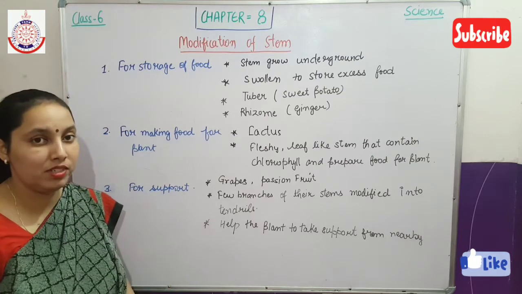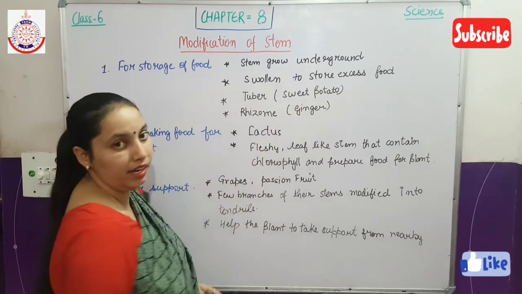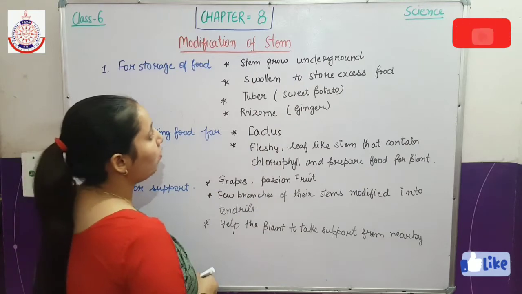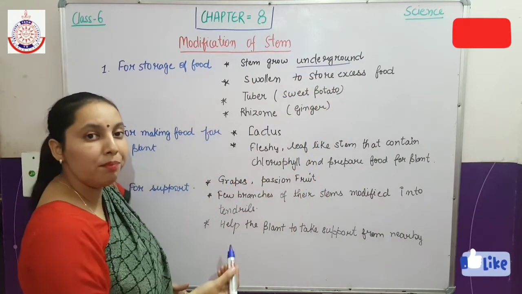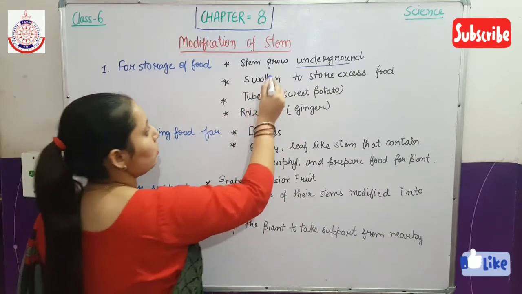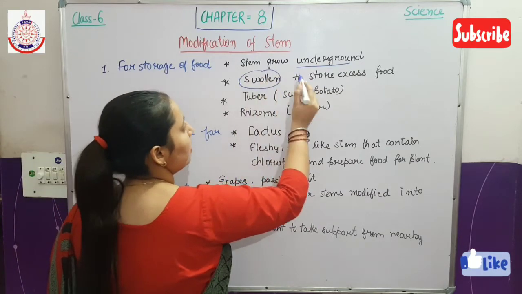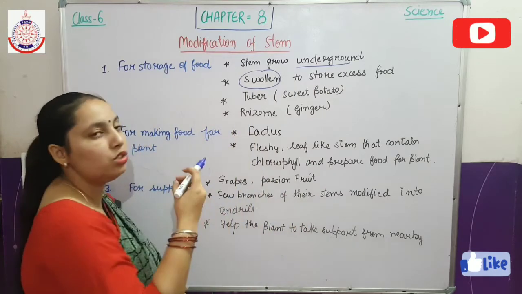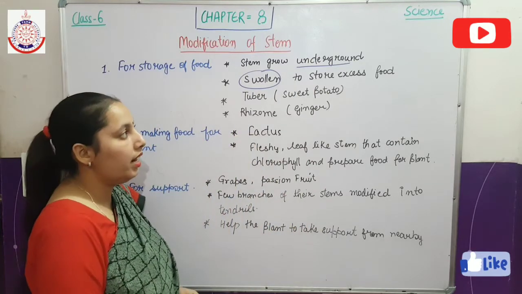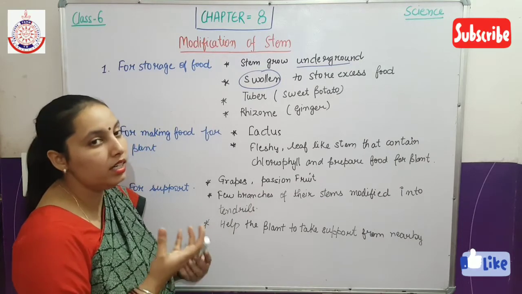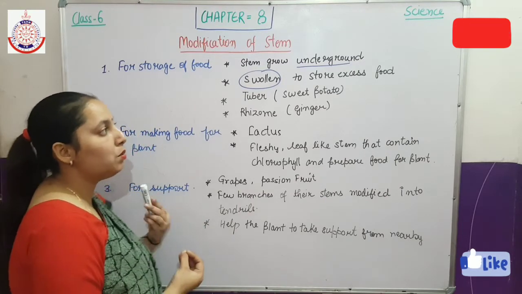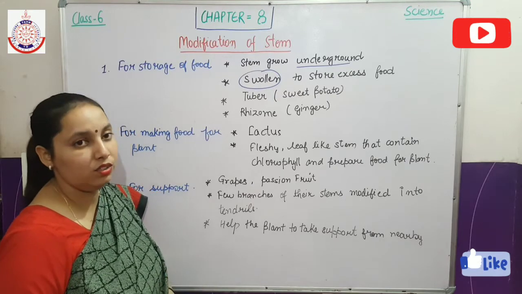And that type of stems grow underground. That kind of stems are grown underground, and the shape of those stems is swollen, and the swollen stems store the excess food, right? There are some special names given to these kinds of stem.